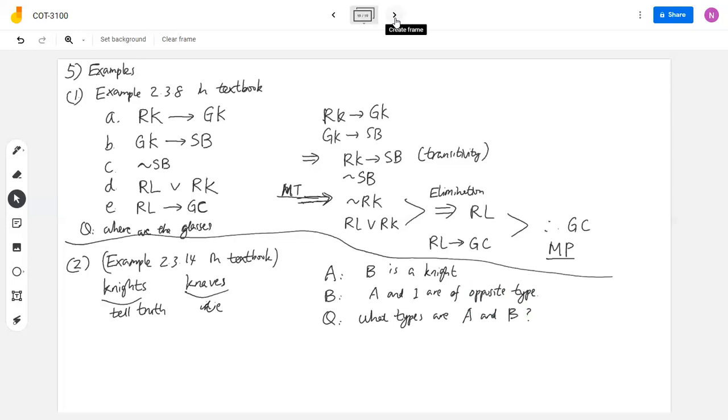To solve this problem, you use the contradiction rule. The general strategy is to apply the contradiction rule. So you suppose, for the sake of contradiction, A is a knight.